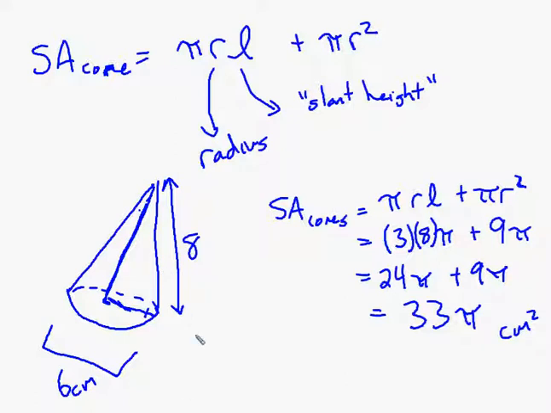All right, let's do one that's a little bit trickier, however. Do we got this down? Did anyone not follow how I did that surface area? Okay. Then let's see if I have a cone like this.